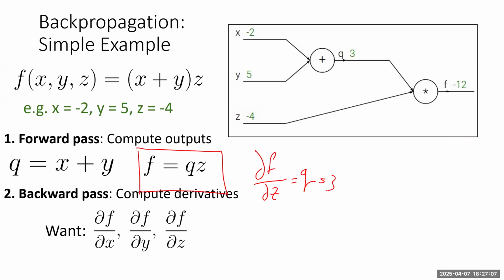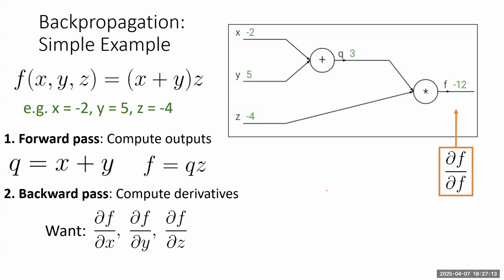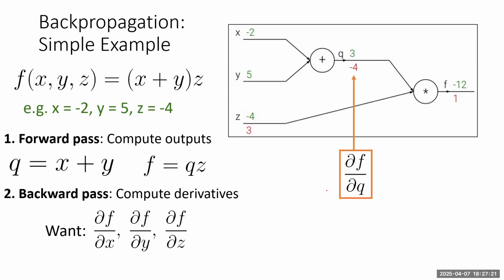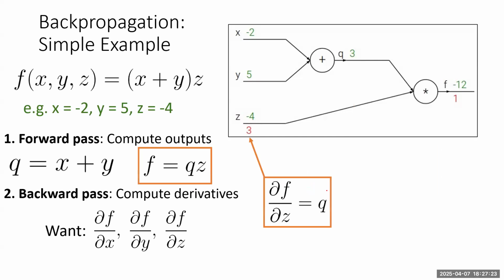Now I found this path. So this is 1. Then the derivative with respect to z will equal 3 according to the calculation we just did.